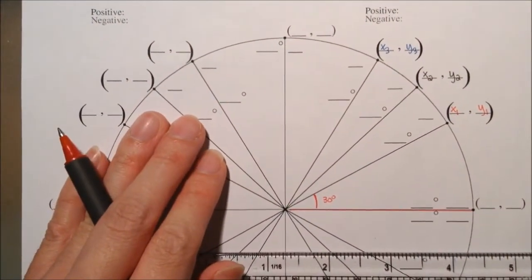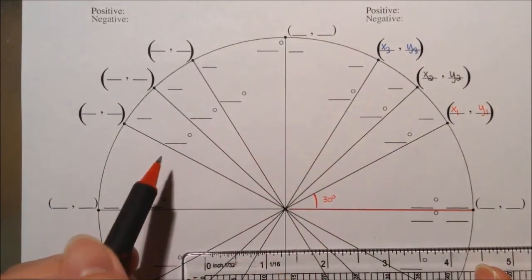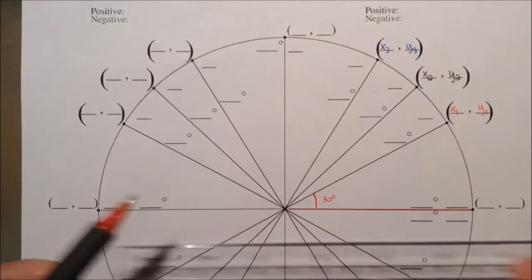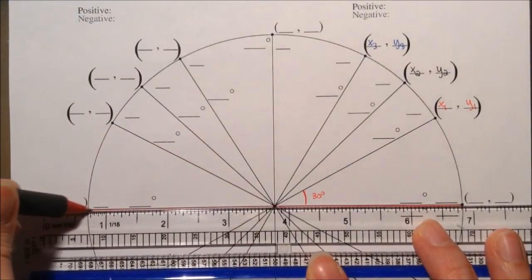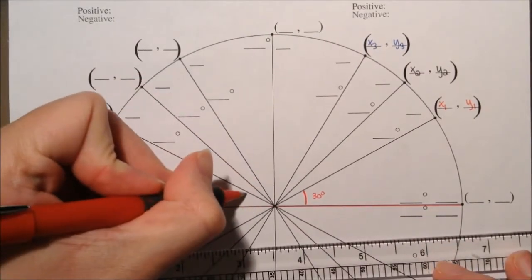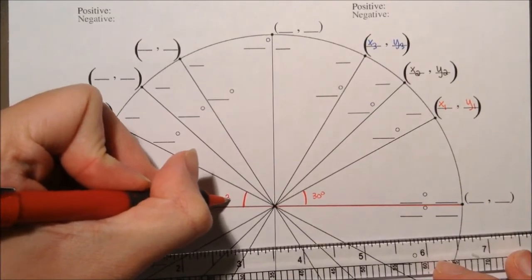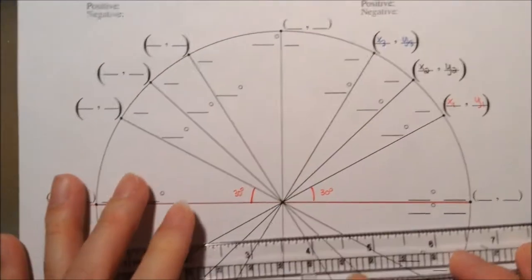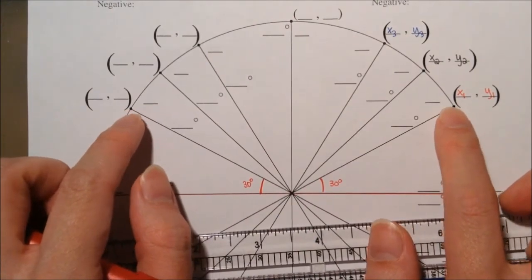Now, if I were to compare with Quadrant 2, so if this is a straight line, and if this was also 30 degrees, then these two lines are somewhat related to each other.